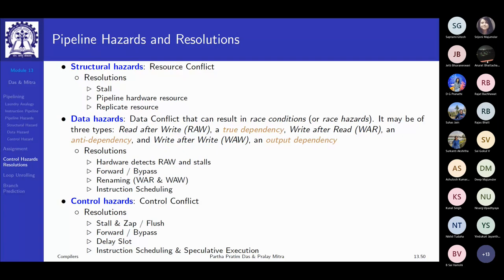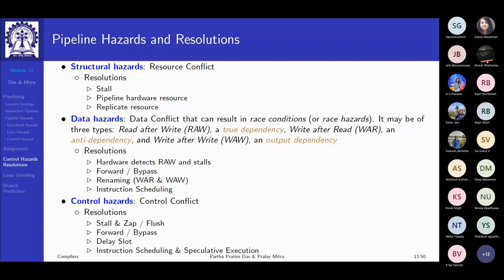The most critical is read after write. A data value is being written to some register and a later instruction reads that value, called RAW, which is a true data dependency. And we have two other kinds of data hazards that we discussed: write after read, WAR, which is anti-dependency, and write after write, WAW, which is output dependency.